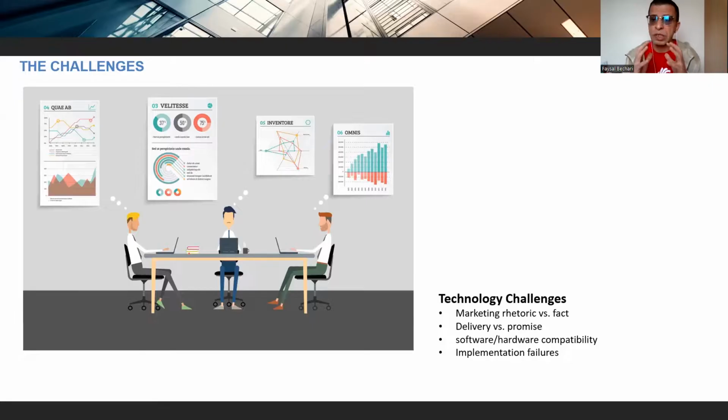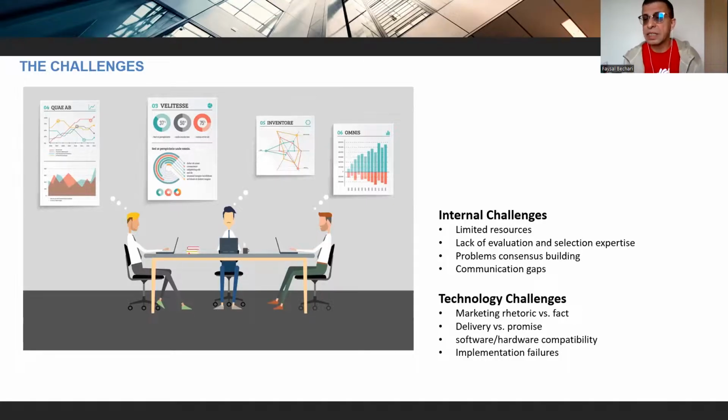If you want to guarantee everything is going to be delivered, you have to put it on paper. And hardware-software compatibility, I can tell you many stories later on where it was the problem in an implementation failure. The second thing is your internal challenge. Your company does not have extra time to pay attention to it.